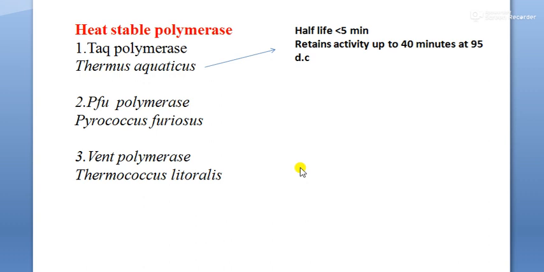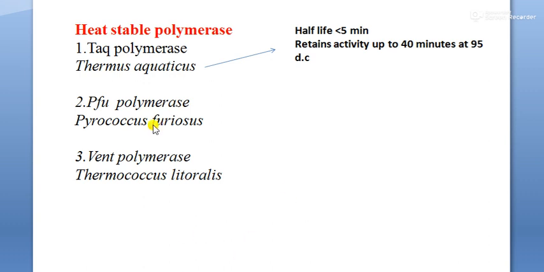And the next one, Vent polymerase, is obtained from Thermococcus litoralis. This Vent polymerase is rarely used, but in comparison to Taq polymerase, the Pfu polymerase is more heat-stable, better heat-stable than Taq polymerase.